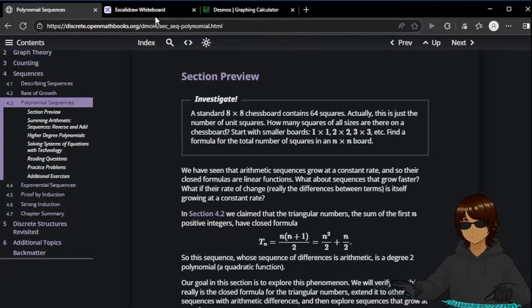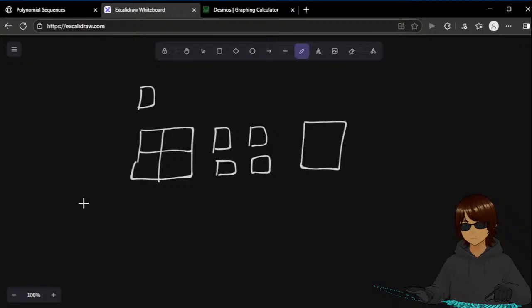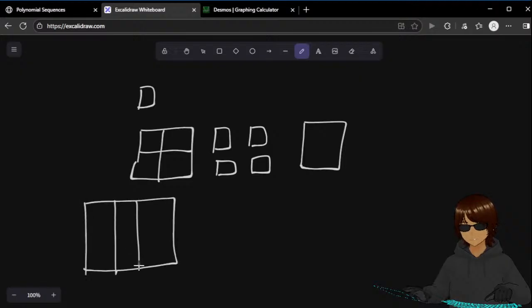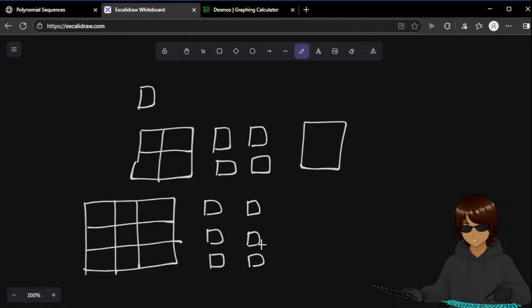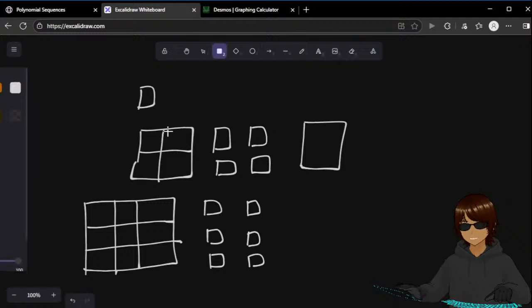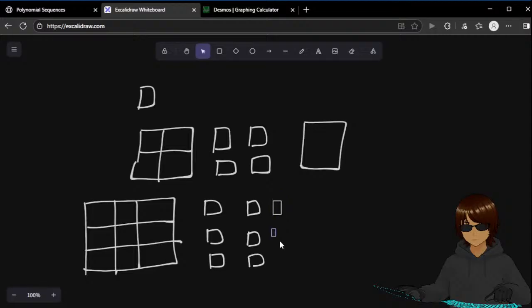How many squares of all sizes? Okay. On a 3 by 3, I think this would be easier. Or maybe not.